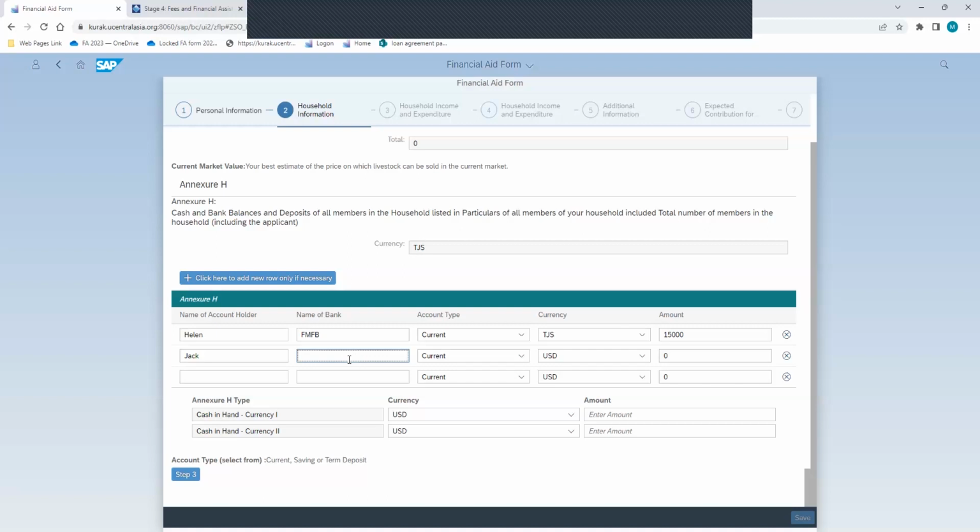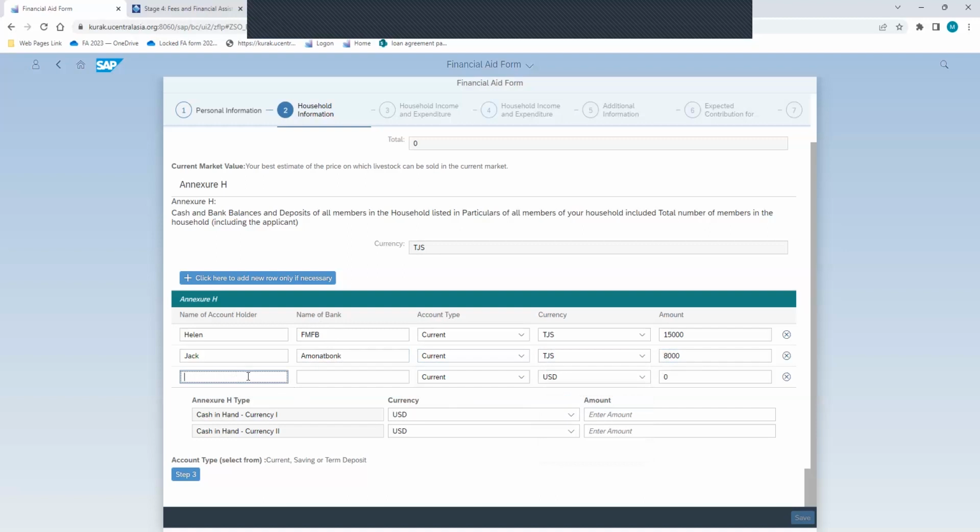His bank name is Amonat Bank, and the account type is also current. It might be in TGS, and he has some 8,000 in his account.